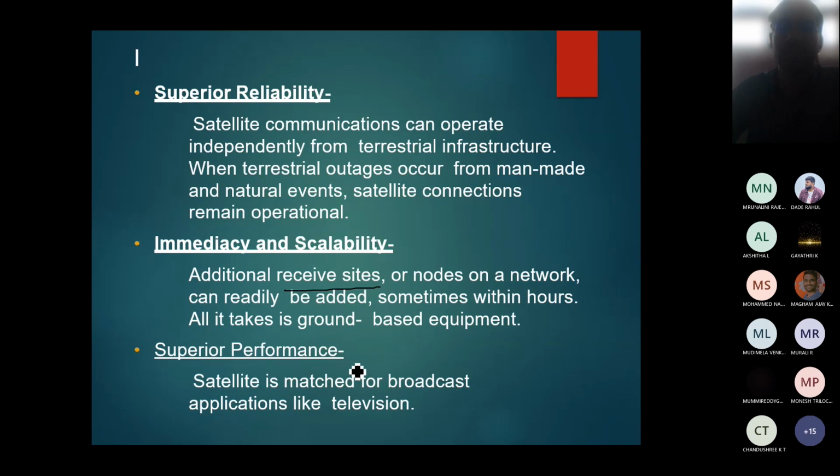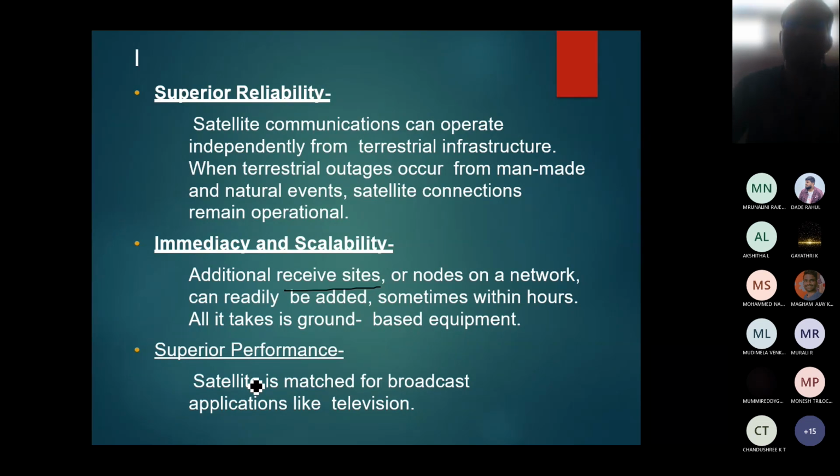Okay, superior performance. So, superior performance means, nowadays when I talk about antennas, we are using DTS, but in earlier days we were using Yagi antenna for television communication.